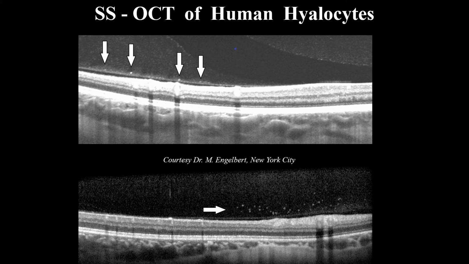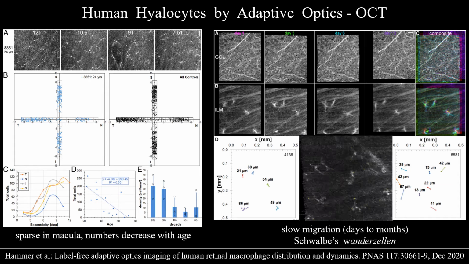Swept source OCT does have the ability to demonstrate cells at the vitreo-retinal interface that appear to be embedded within the posterior vitreous cortex, and I look forward to many more studies of this phenomenon using this new imaging technology. But I'm most excited about the development of adaptive optics OCT, where coronal plane imaging has demonstrated the presence of cells at the vitreo-retinal interface.